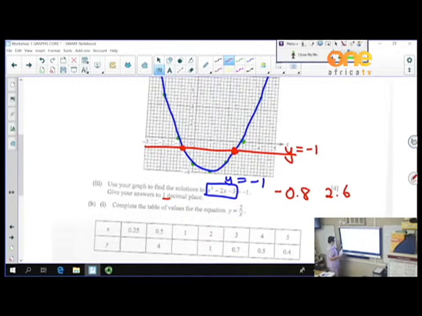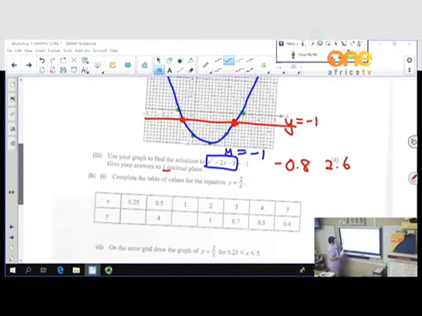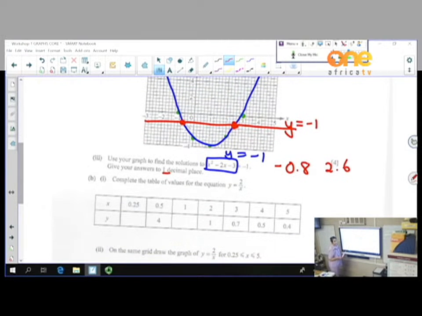Okay. Now we go to the second graph, but we're going to draw it on the same axis. But first we have to complete the table. And immediately I can see that this is a hyperbola. That's the third kind that we've learned now there. So the shape is going to be something like that.